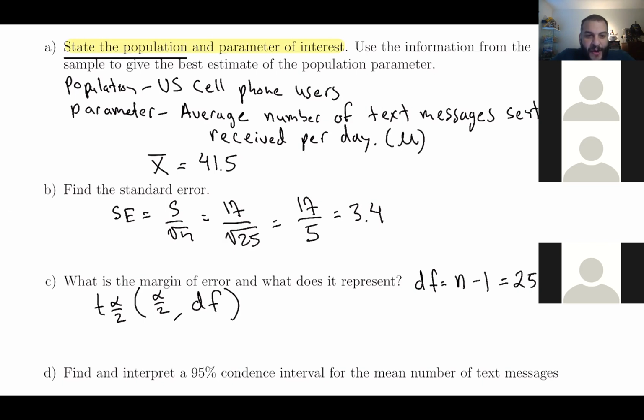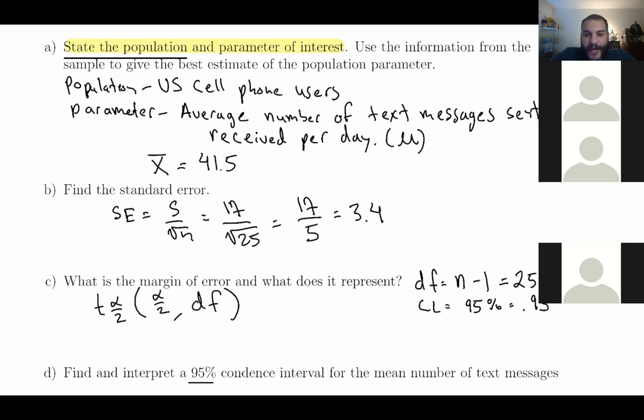So now we want to get alpha divided by 2. In order to do that, we first have to get the confidence level. If you look right here, this is my confidence level. So we have a 95% confidence level. So we're going to put CL is equal to 95%, or you have 0.95.